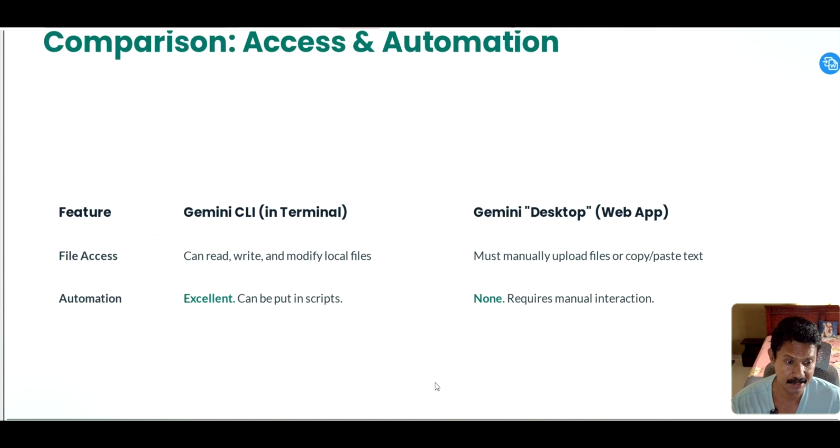It can be put in scripts, and it can do anything that your terminal allows you to do, right? But the Gemini desktop web app doesn't have any automation. It requires manual intervention. So hopefully this gives you a fair idea of when you should choose one over the other and why developers prefer the CLI rather than the desktop web app.